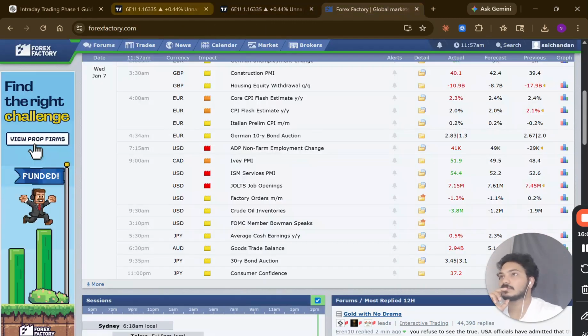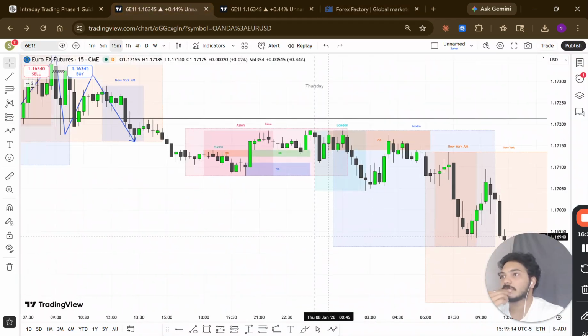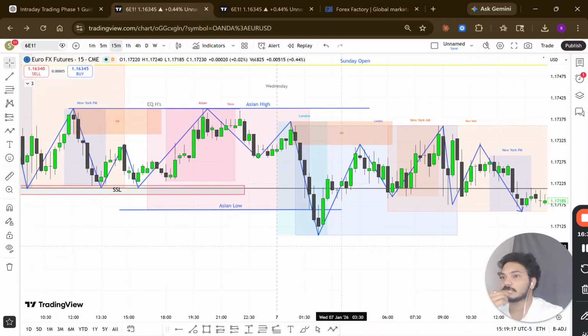Also let's see if we see the relation between the news and the market movement. So this news is at like 4 a.m. Let's see.